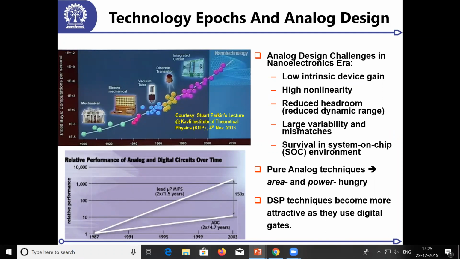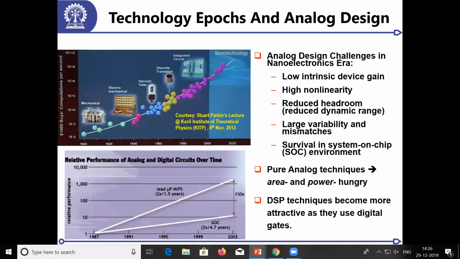So that is called large variability and mismatches. As technology scales, you will see a huge amount of mismatches. Now, what do analog designers do to overcome the mismatch? I just gave an example: make things bigger, right? If the things are bigger, your mismatch is reduced because the absolute value is the same, but the relative value is smaller.